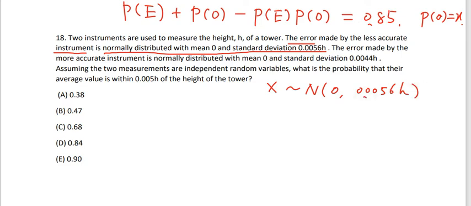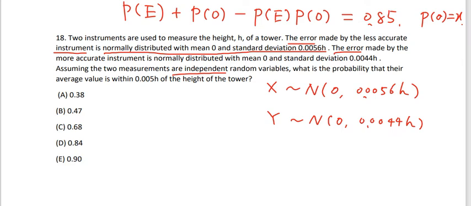The other instrument also makes an error. So we have two errors, right? This error we denote as Y. This one follows a normal distribution with mean zero, but the standard deviation becomes 0.00044 h. Here X and Y are independent.